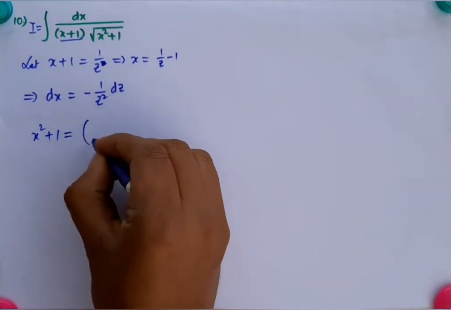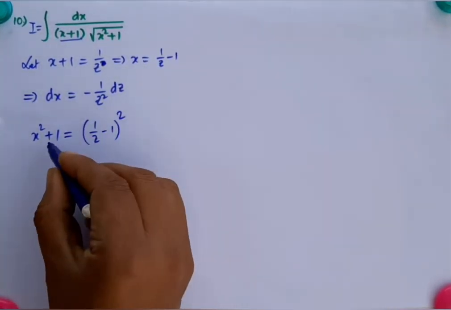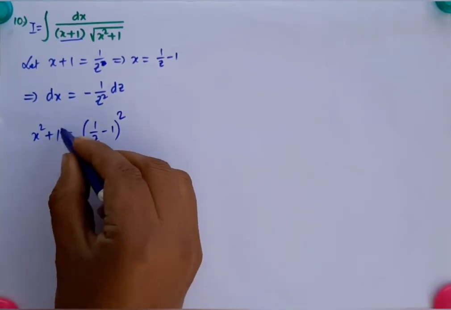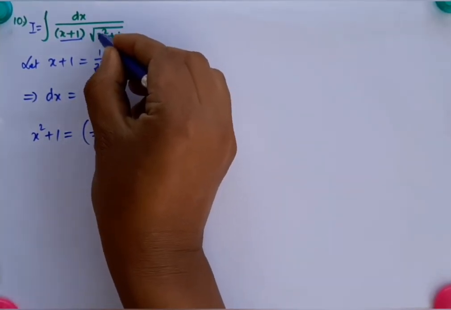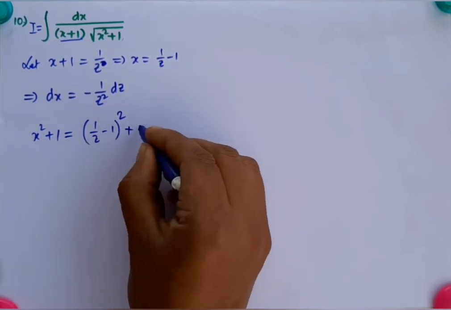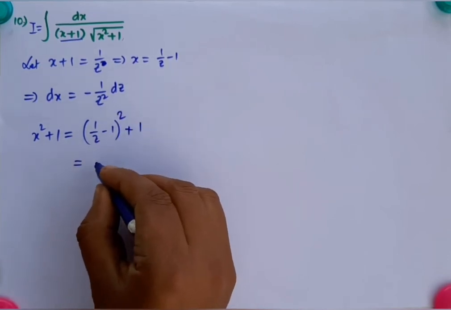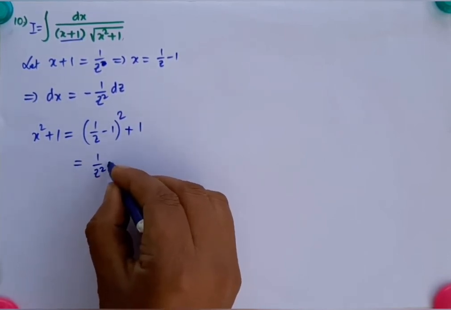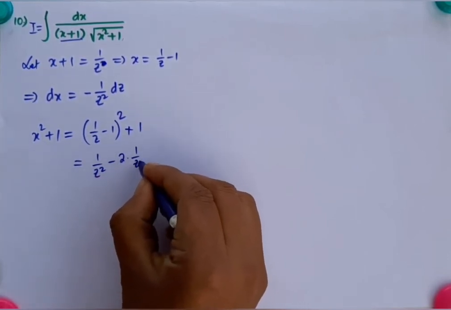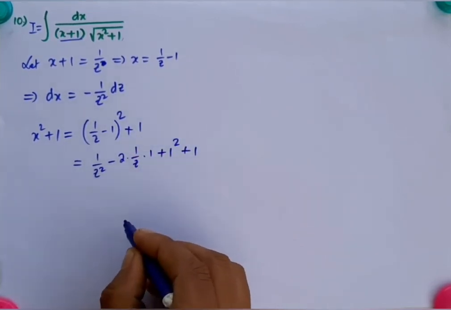So that's why this is 1 by z minus 1 whole square. See, why am I calculating x square plus 1? Because I have to find how much is this. So that's why I am calculating this. So let's quickly calculate this. This is a minus b whole square, which says a square minus 2ab plus b square, and we have plus 1 also here.